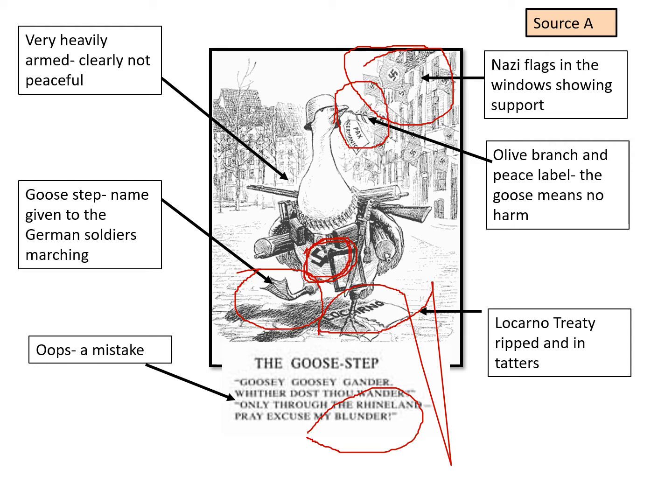This was just them putting their troops back in this area. So it's bound to be that the German people supported it. So that's no surprise there. The fact they're ripping up Locarno, obviously they're ripping up the Treaty of Versailles as well, and pretending they're doing this is almost a little bit of an accident. But we can tell that that's not really the case here. So make sure you've got some really good annotations, Year 9.